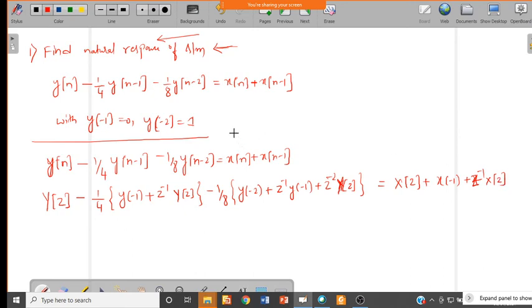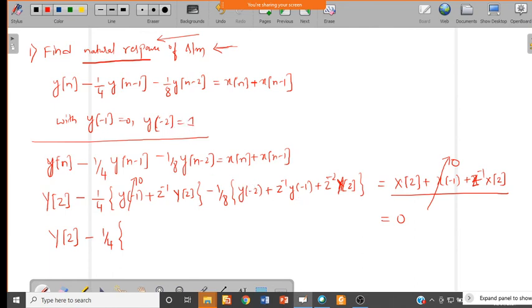But since we are asking for the natural response, this complete input side will become 0, because we have to take only the initial conditions, not the input. So now we take Y of z minus 1 by 4 into, and substitute the initial conditions given here: y of minus 1 becomes 0 and y of minus 2 is substituted as 1.